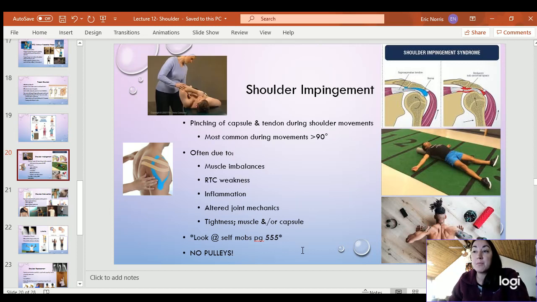But for someone with impingement, if they're doing pulleys and already every time they lift their arm overhead, they're banging the head of the humerus up into that acromion process, then all you're doing is causing that over and over again. You're just causing it to bang over and over, and really you're going to make the impingement worse and possibly set them up for some type of tear if it's getting to that point. So I would absolutely recommend no pulleys for shoulder impingement.